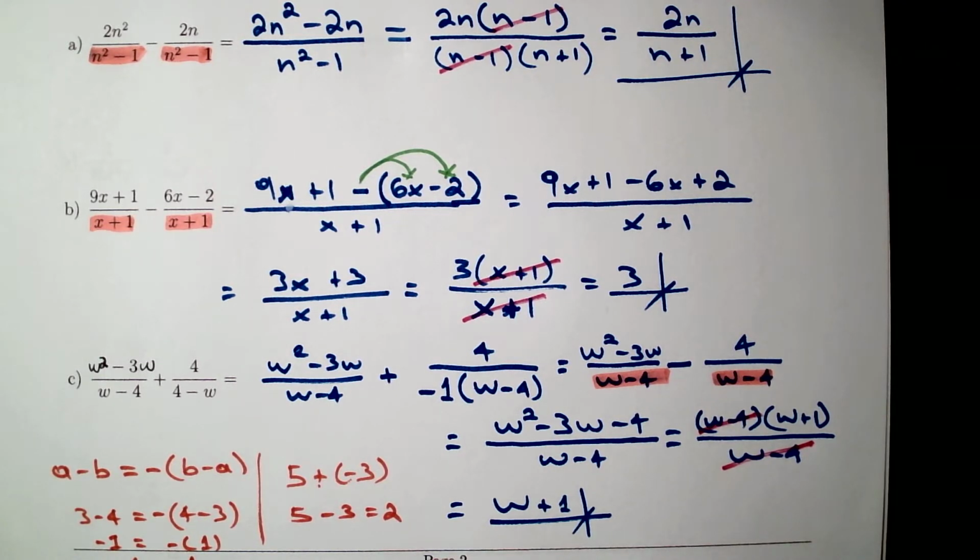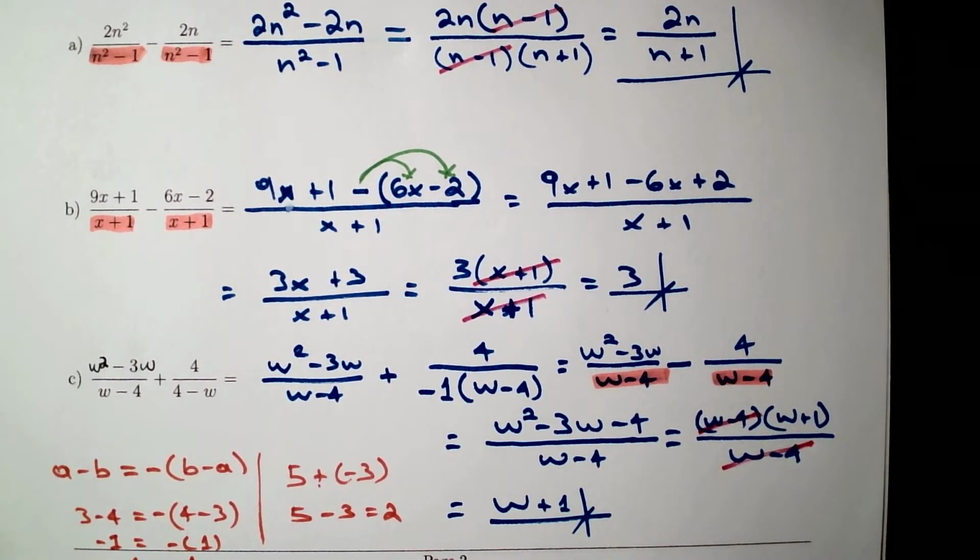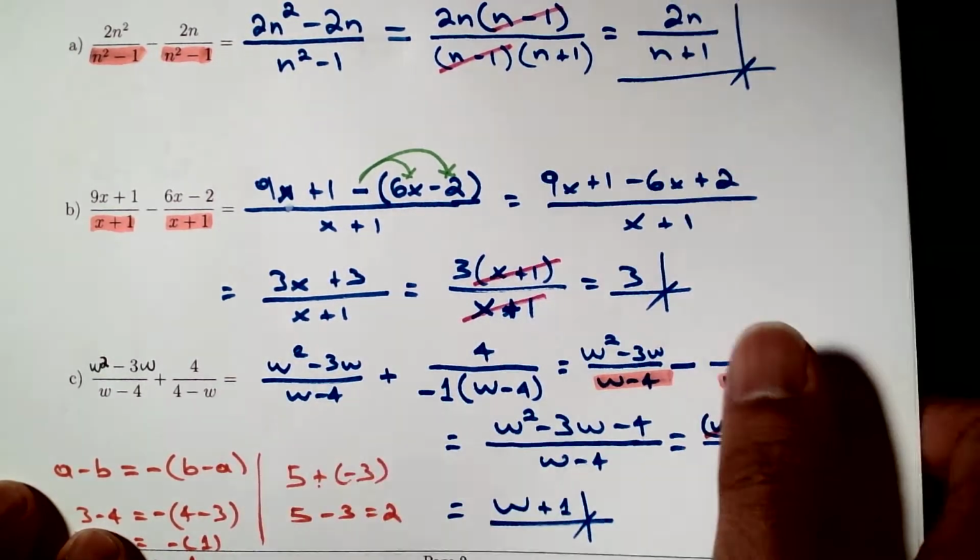Alright, so that's how we treat addition and subtraction of rational expressions that have the same denominator. The next section will deal with combining fractions that do not have the same denominator. But for those exercises, we need to review how to find the least common denominator and how to apply that to algebraic expressions.